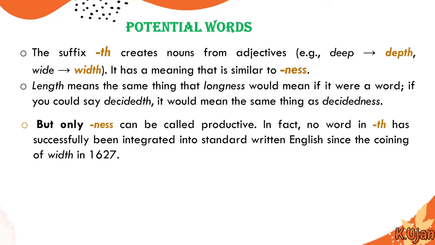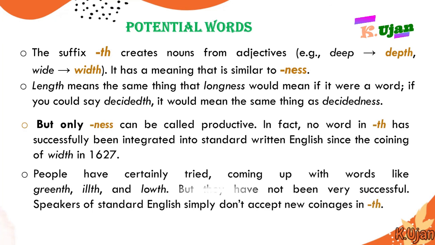In fact, no word in -th has successfully been integrated into standard written English since the coinage of the word in 1627. People have certainly tried coming up with words like greenth, illth, loth, but they have not been very successful.